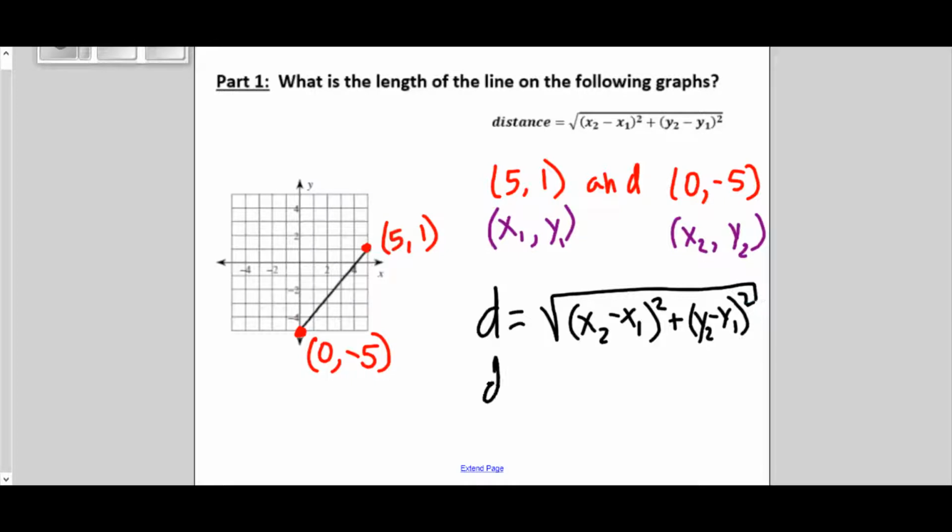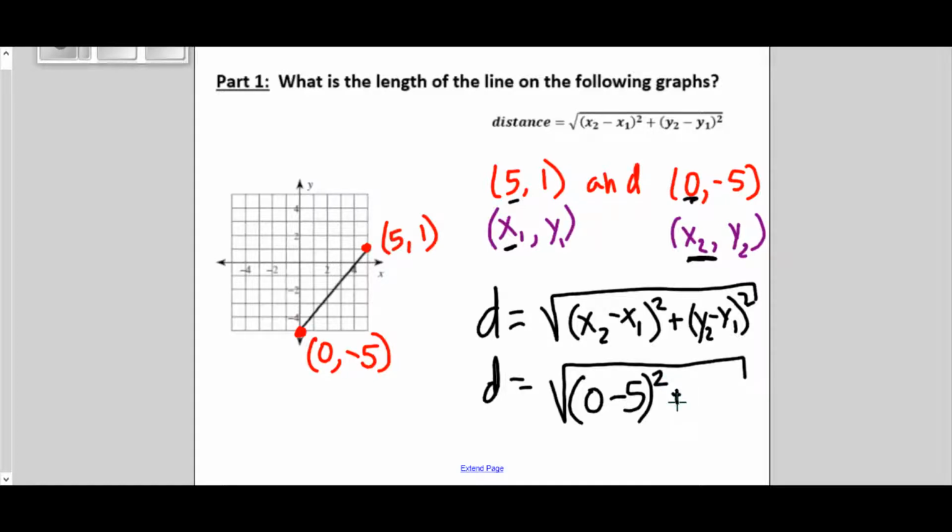So for my distance formula, square root of, well, what was x2? So if I look at my ordering up here, here's my x2. My x2 is 0. So I'm going to plug in, making sure to include the parentheses, 0 minus, and what's my x1 value? So here's x1. x1 is 5. So 0 minus 5 squared.